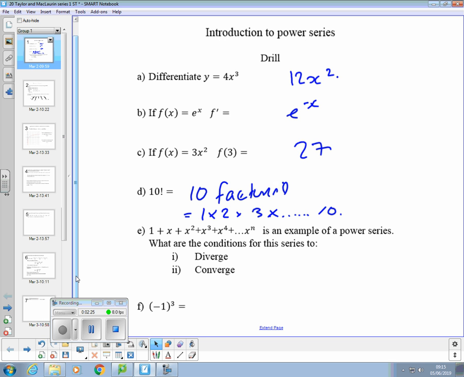What are the conditions for a function to diverge? So what does the term diverge mean? Diverge is that the numbers are getting further apart, so they're getting bigger, and converge is getting smaller.